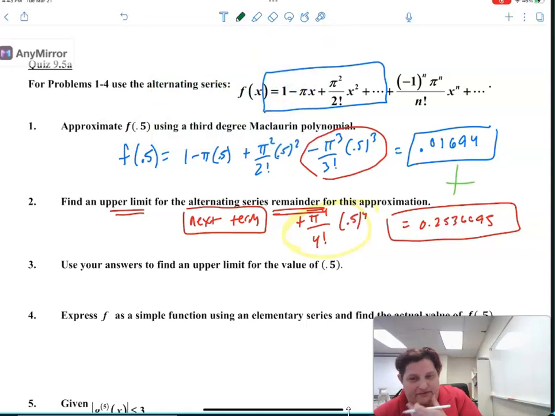So my upper limit for my value at 0.5 is, I'm going to add these: 0.1694 plus 0.2536695, and when I add those together, I get, did I type in a number wrong? I did. That's a 6695. Dang it. Whew. Okay, so I got 0.27.